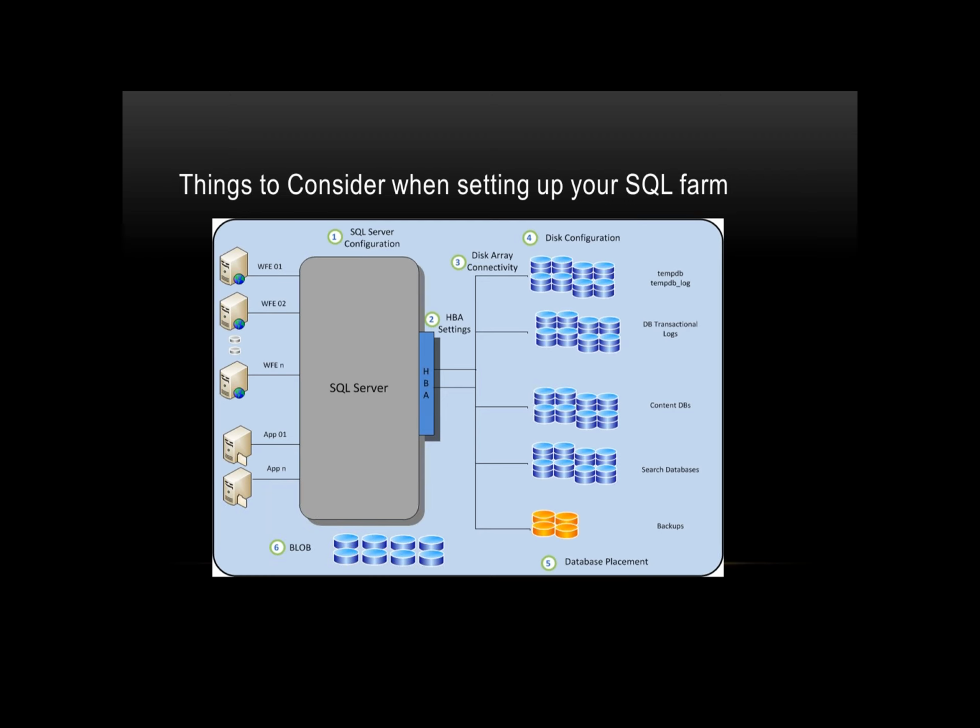You can't have an infinite number of connections to any given resource. There will be a bottleneck at some point. So by splitting these items out, so your TempDB log, transactional logs, content databases, etc., over multiple LUNs, we are spreading the load far more evenly over the environment.